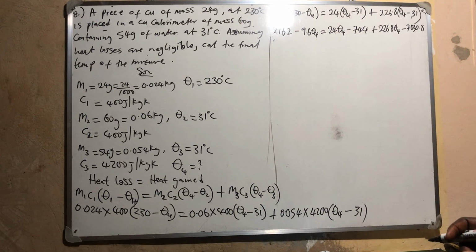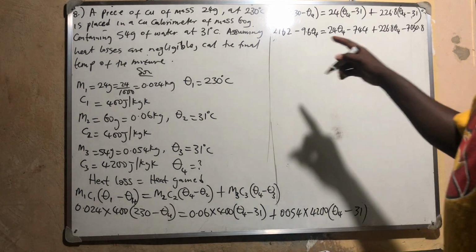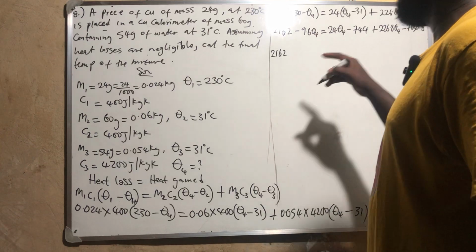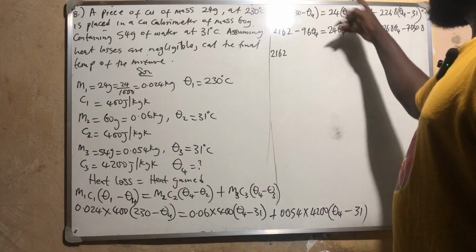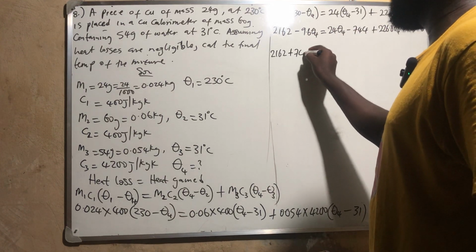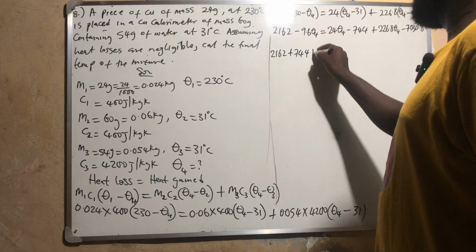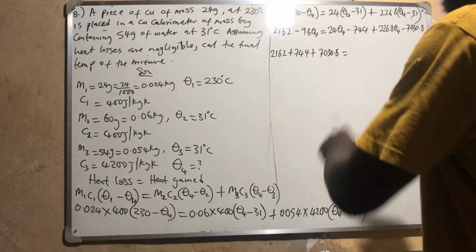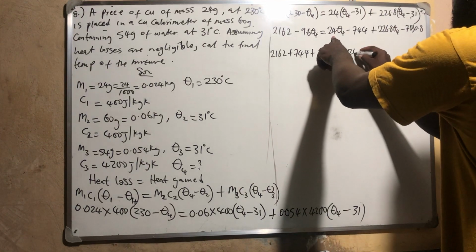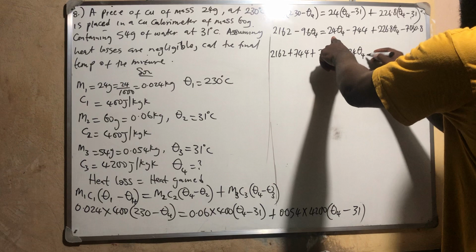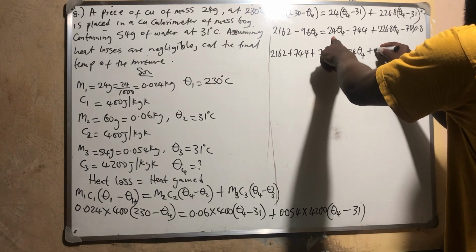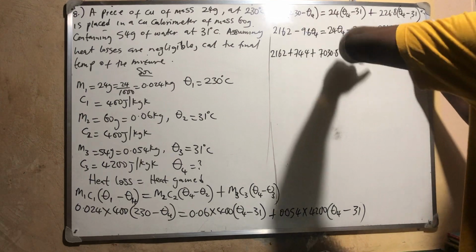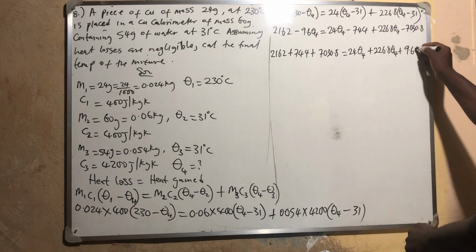All your theta 4 should be in one place, and the numbers should be in one place. So I have 2162, minus, this becomes plus 744, this one again plus 7030.8, is equal to, now what do I have here? 24 theta 4, plus 226.8 theta 4, plus this one coming here, plus 9.6 theta 4.